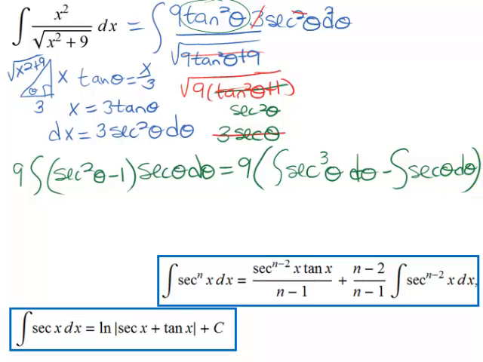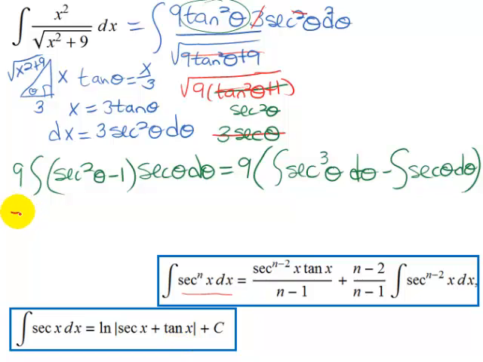Now what do I do with that? Well, we've addressed that in an earlier section. So I have this secant to this nth power, and I'm going to use this reduction formula on that. And this other one is a secant, and I've got this formula, and we saw how we could derive it, but we'll go ahead and just use them here since we've already done that.